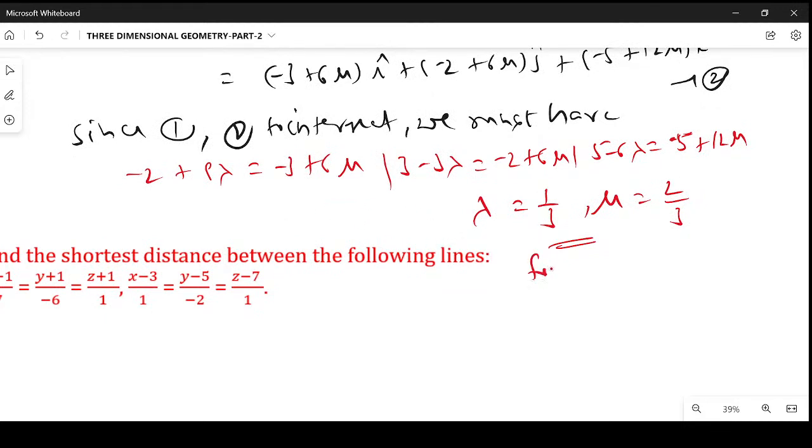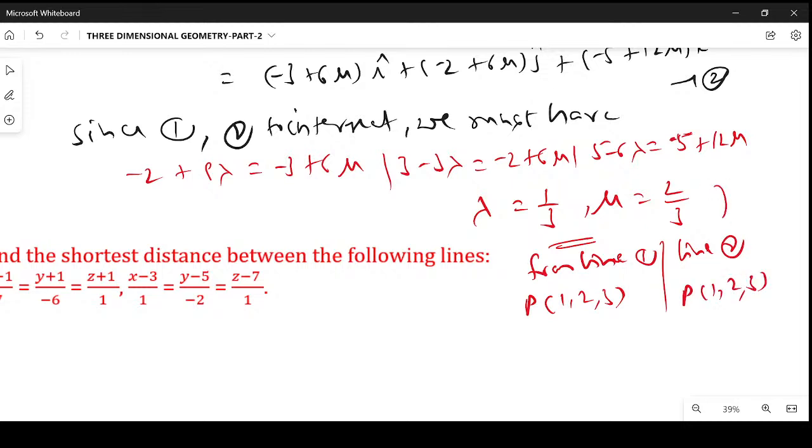From line 1, substituting lambda equal to 1 by 3, you will get P 1, 2, 3. From line 2, again the point P comes 1, 2, 3. If we substitute the mu value here and the lambda value there, we get the same thing.